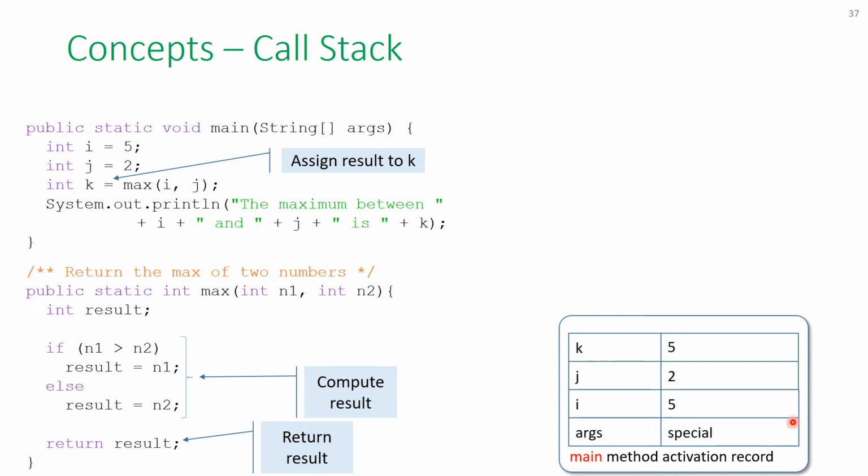I enter the method max, and another activation record is going to be piled up on here. It's going to look very similar to what was there before because I'm calling the method max again. So there's going to be an activation record here, and it's going to contain the parameters and the local variable result. So there's going to be N1, N2, and result in it.